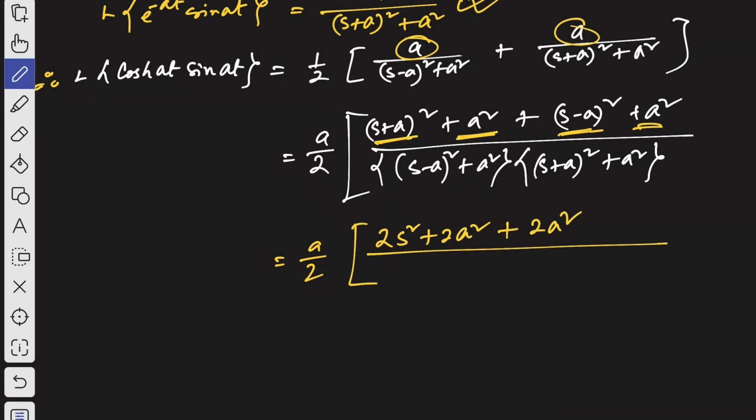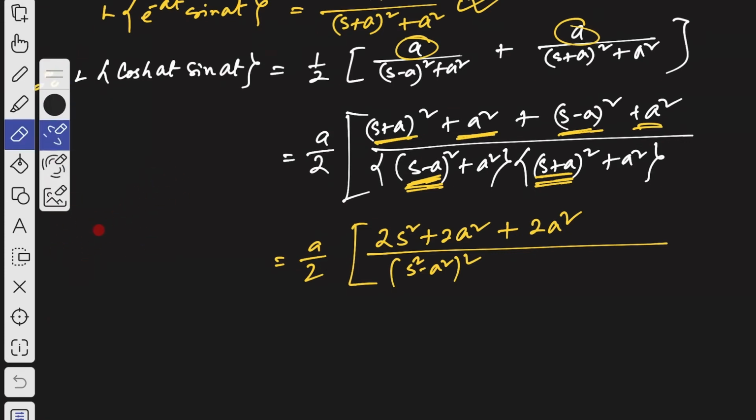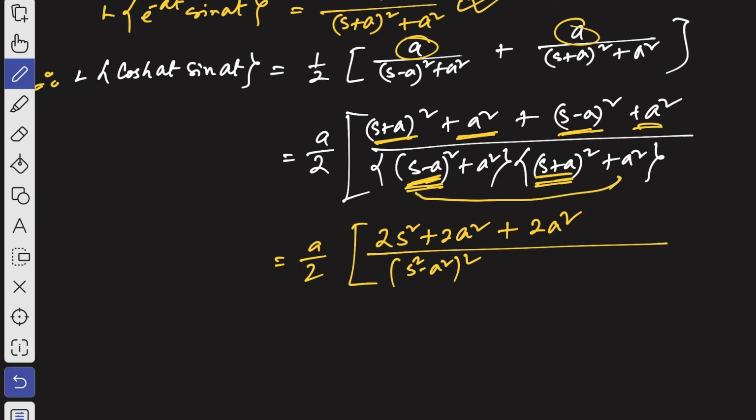And as a denominator, if you multiply these two, s minus a and s plus a, the product will be s square minus a square. Again we have squares here, so s square minus a square whole square. Now this should be multiplied with a square, then plus a square into s minus a whole square.